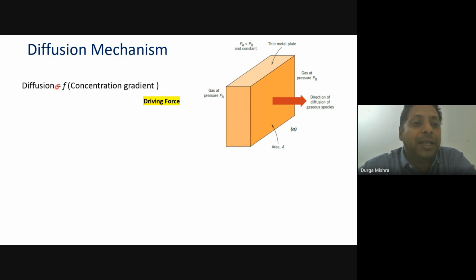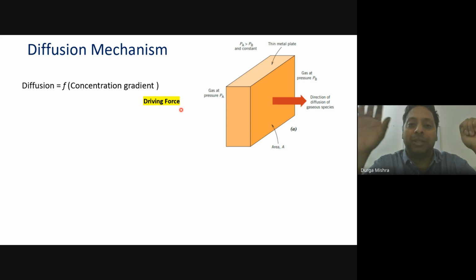If you look at diffusion, it is basically a function of the concentration gradient. This is what we call the driving force. The driving force is the tendency, the reason why the atom will diffuse, because there is no concentration of that atom elsewhere. So they say agarbatti jalaya. So now we know those atoms will move because of the concentration gradient.